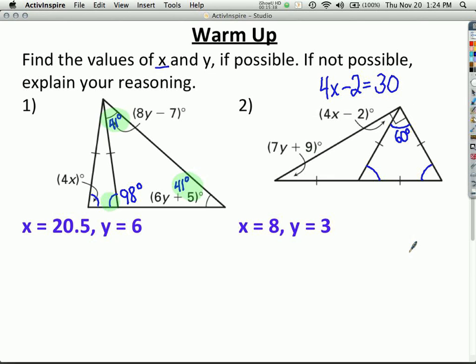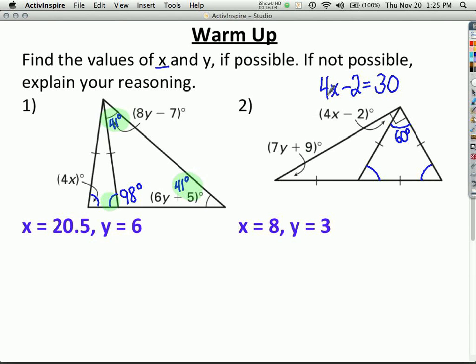So I don't think the path of logic is as complicated as number 1, but I think that you had to realize that piece of information, that this was 60 degrees, just to even get started. Whereas in number 1, the starting point was much easier to see, that these two were congruent, set them equal to each other, and you solve for y.